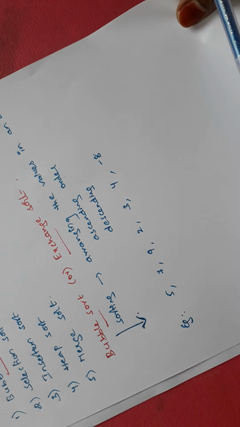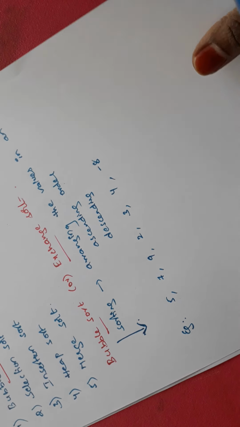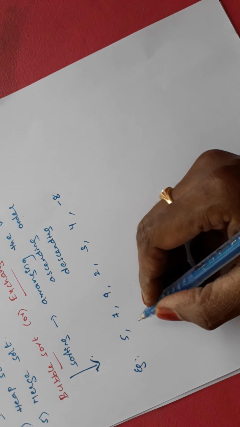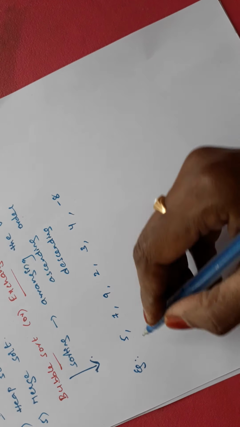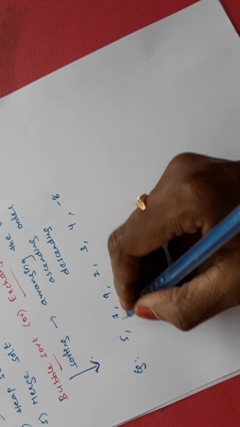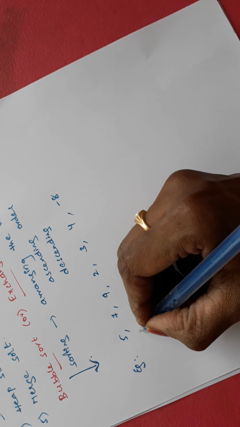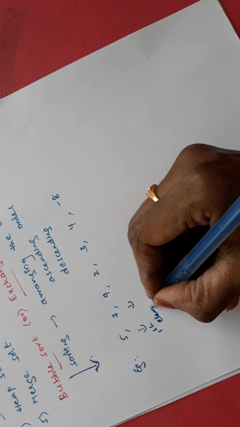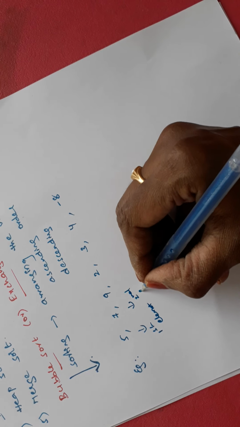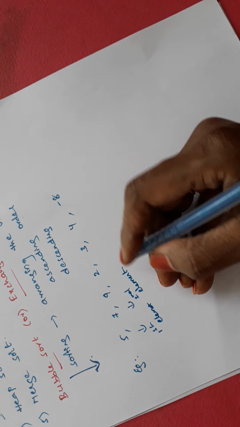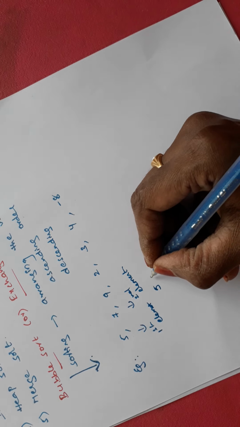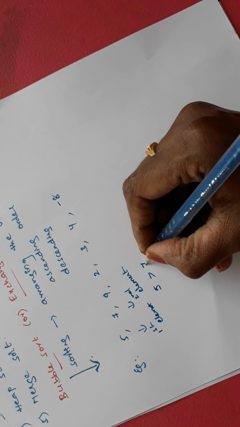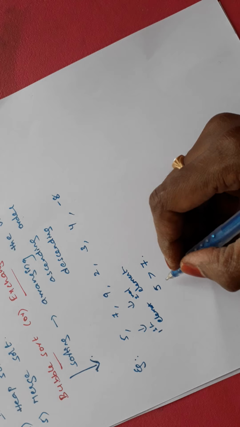Bubble sort follows the comparison method. Here this is the first element and this is the second element. First it compares the first element with the second element using the greater than symbol.